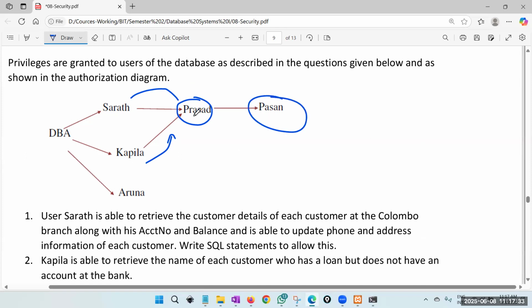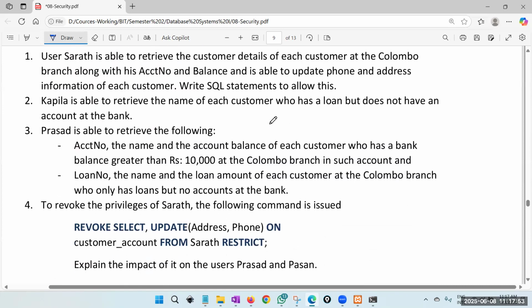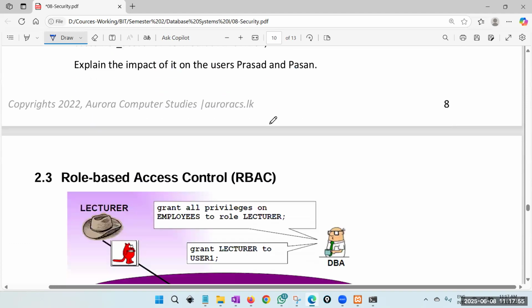But maybe some privileges you got only as the privilege, and some privileges you got with grant option. So those with grant option privileges you can give to Pasan also, but not the other privileges. Other privileges only you can use. Okay, right.